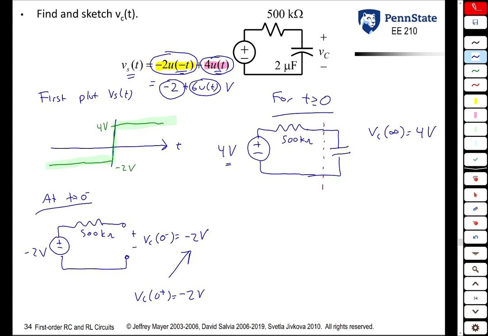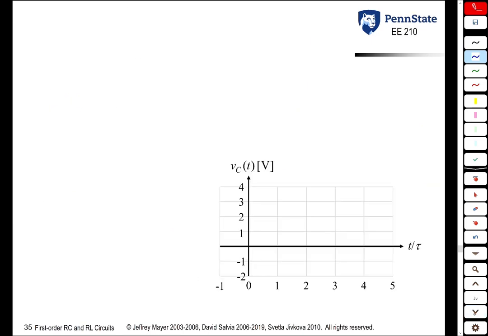Furthermore, we can see tau. The time constant tau is the Thevenin resistance seen by the capacitor times the capacitor itself. So 500 kilo ohms times 2 microfarad happens to be 1 second. We can put everything together. So VC of t has 2 distinct parts.